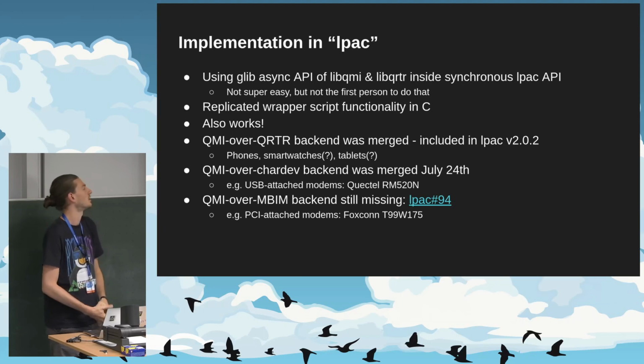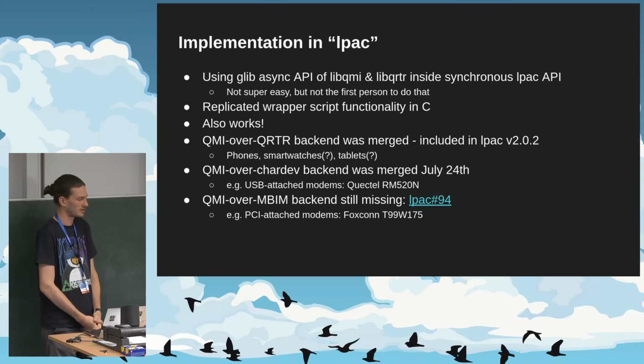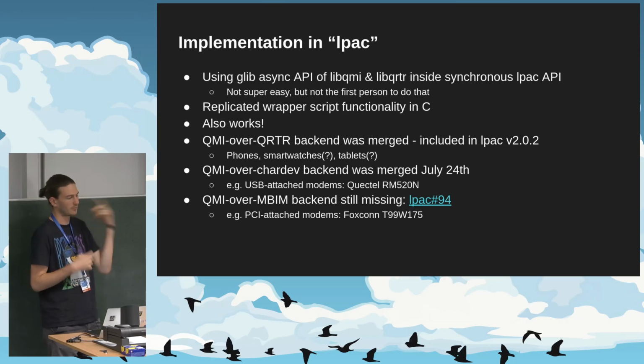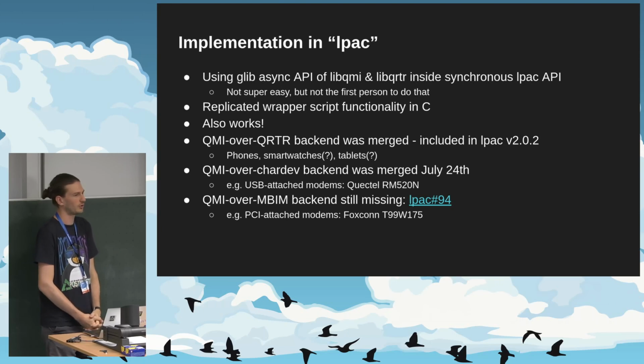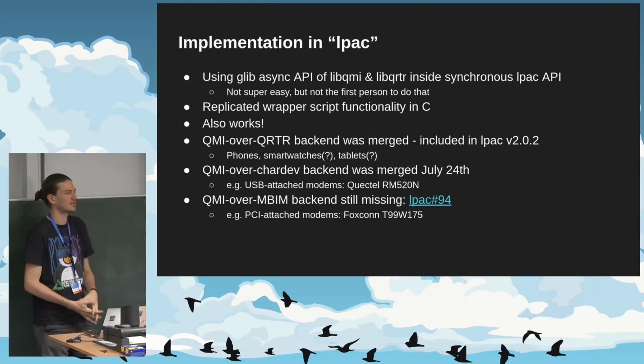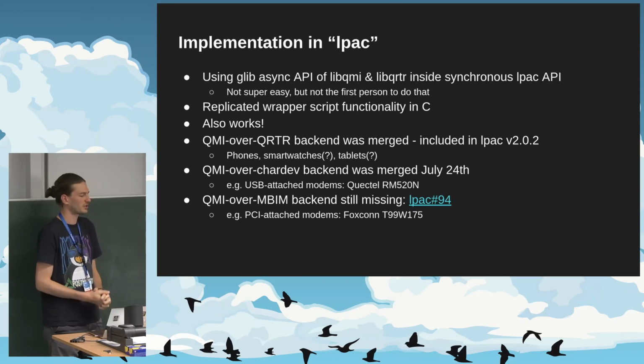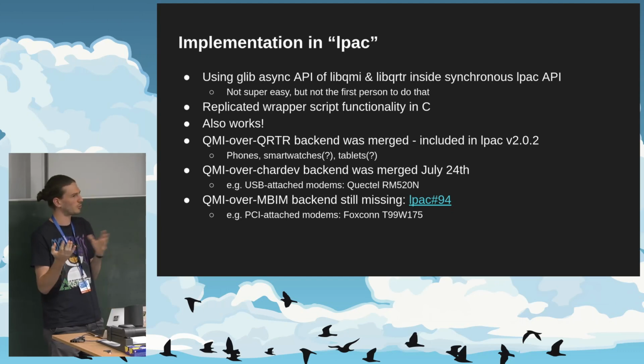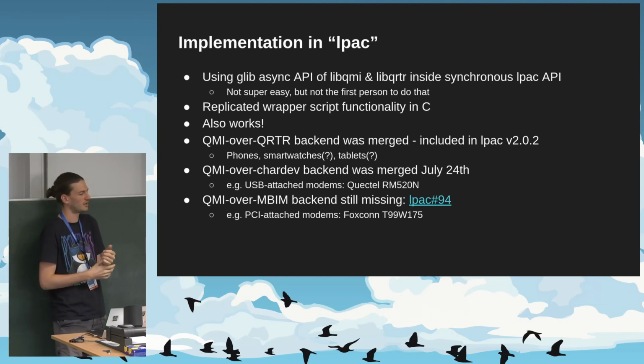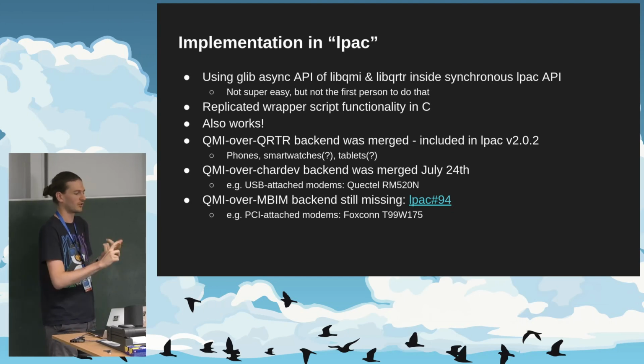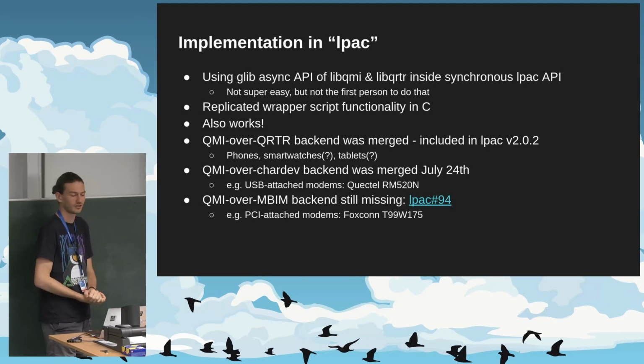There's also an interesting table in the LPSC MBIM wrapper repository, which goes over, I don't know, 6 or 7 different modems. Because apparently some of these modems you can control in multiple ways, at least in limited ways. So you can talk with them over AT commands, you can talk with them directly over QMI, you can talk with them over MBIM, and it's a bit of a random mix on which modems which one works exactly. So it's going to be fun for the people that put this into laptop distributions.